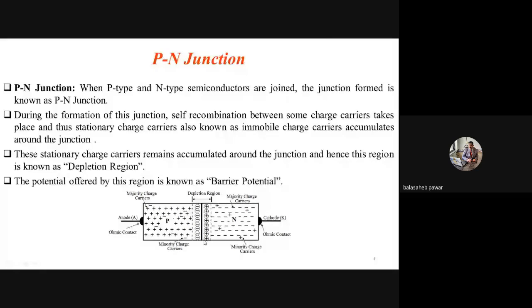In p-type, a number of positive charge carriers is shown, and a very few electrons, the minus signs, are also shown. As compared to the positive charge carriers they are very few, and that's why in p-type semiconductor we call the positive charge carrier the majority charge carrier and the negative one the minority.